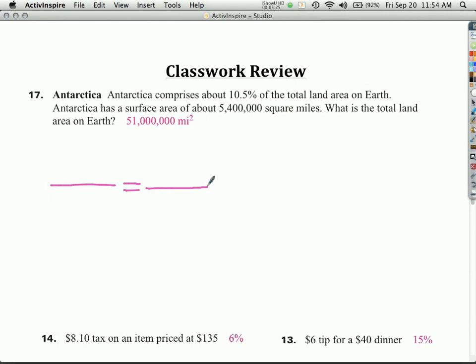Give me a thumbs up if you got 17 correct. Okay, Matthew, give me one of the pieces of information and where it goes. 10.5% is over the 100%. Yeah, I was supposed to put the 100, so 10.5 goes right there. Very good.